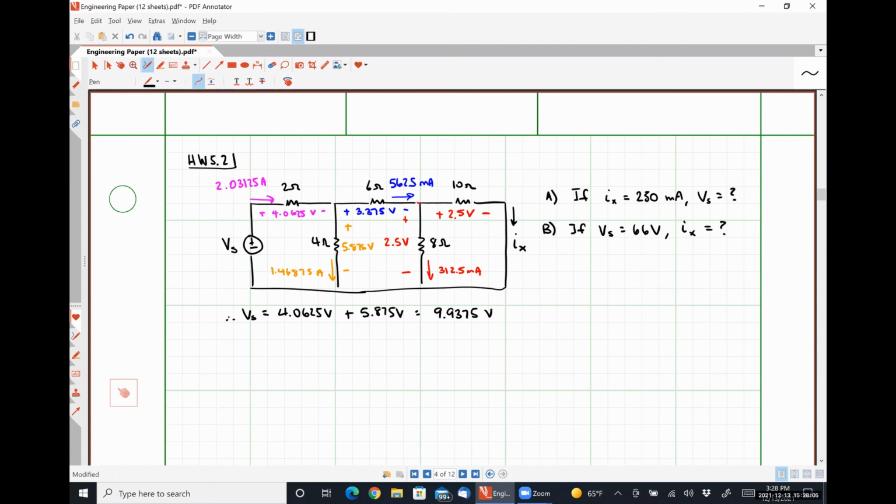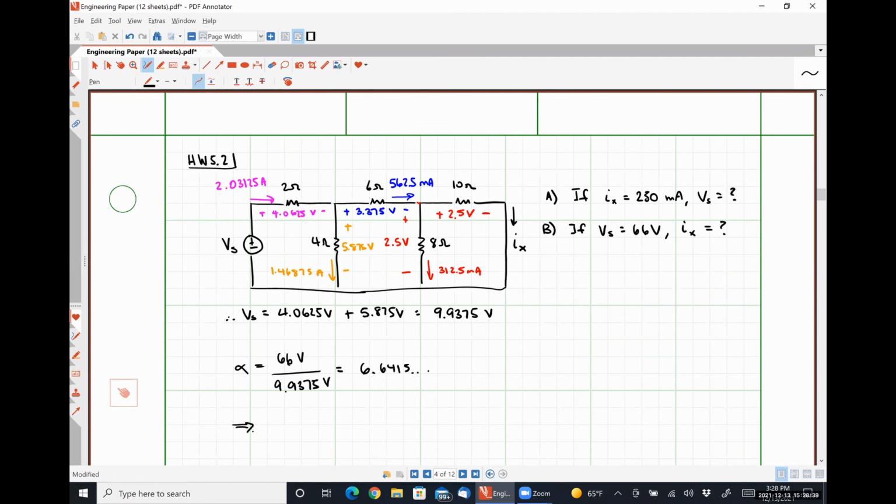So our scaling factor, alpha, in this case, is just 66 volts divided by 9.9375 volts, or 6.6415, and then some other bits.